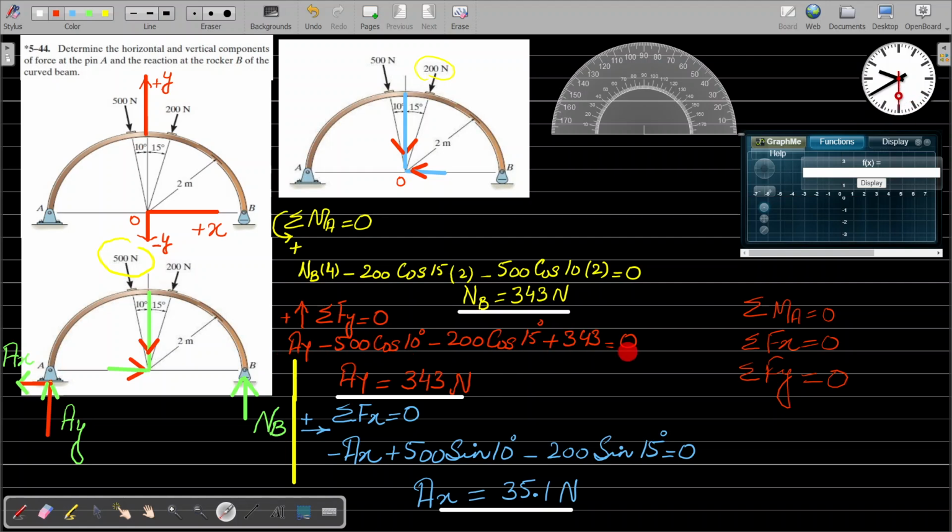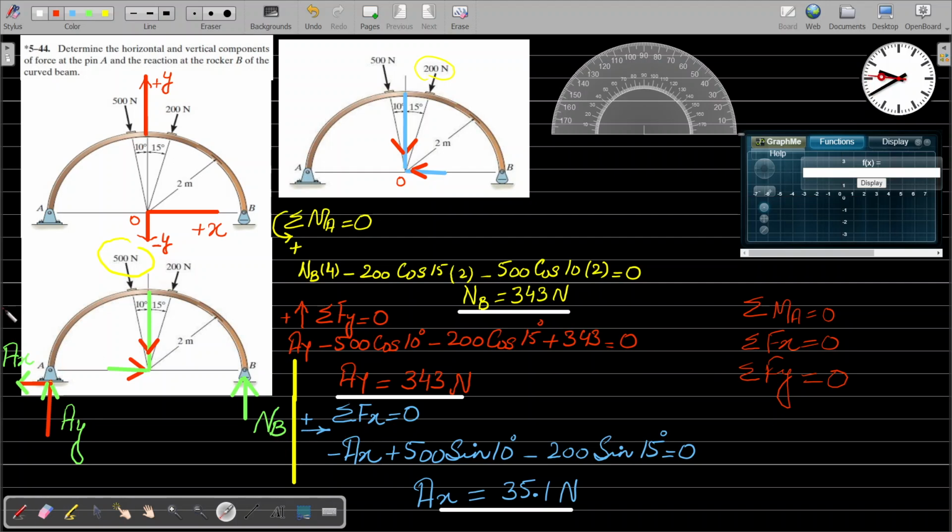There is only one unknown, Ay, and we calculate it as 343 Newton again. We have used sigma M about A and sigma Fy. The only equation left is sigma Fx.